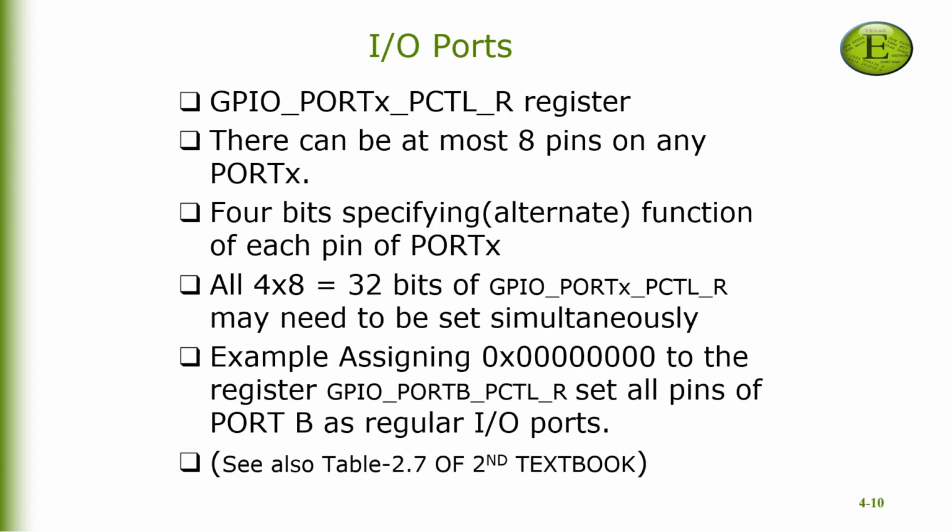In case of the special function specify register, one may need to write all 32 bits, because there can be at most 8 pins on any port, and we need 4 bits to specify the special or the alternate function.